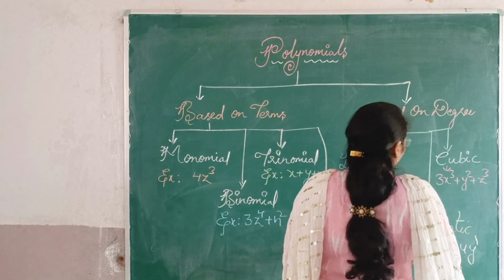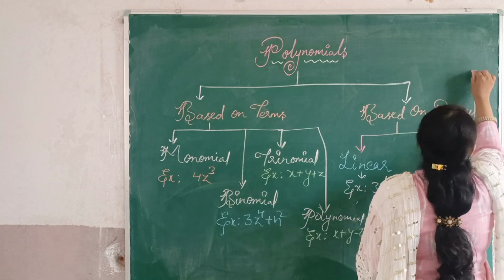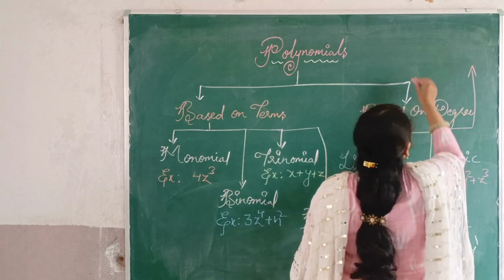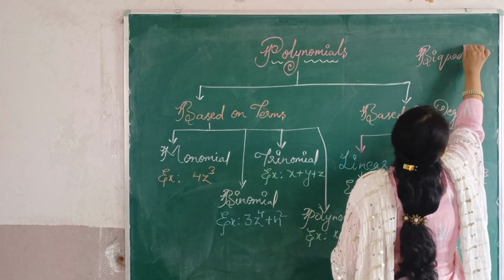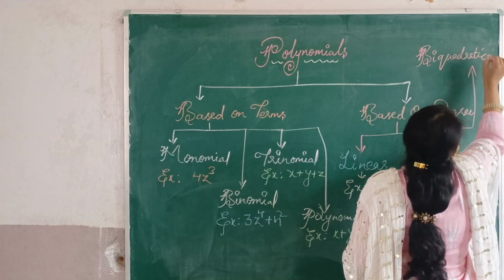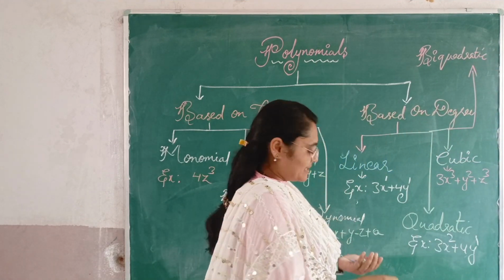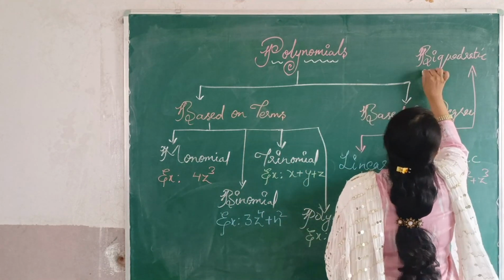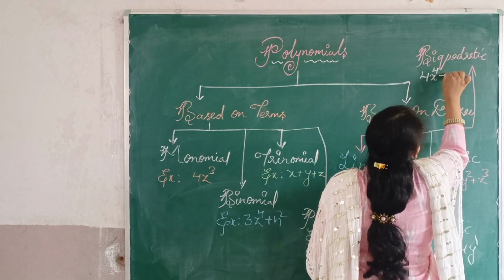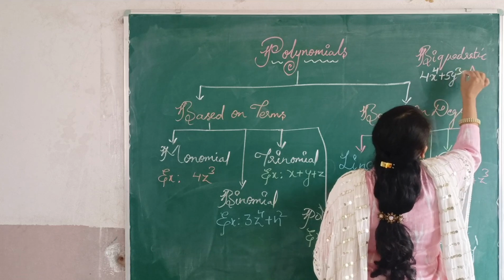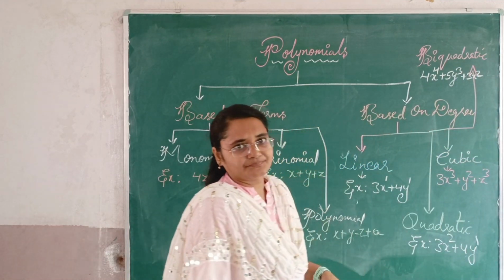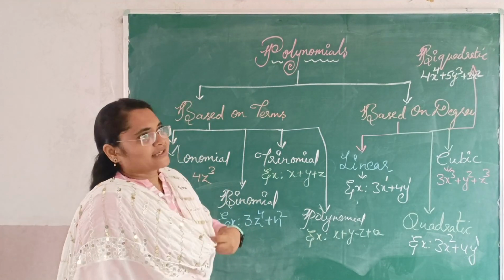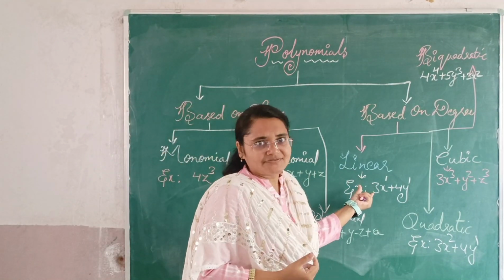The next one, so space is not there, so I am writing it by quadratic equation or by quadratic polynomial. Example, 4x to the power of 4 plus 5y cube plus 3x square. Anything you can write. So here, these are the classifications.